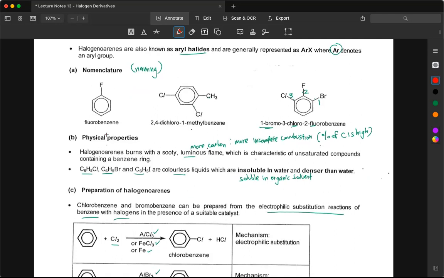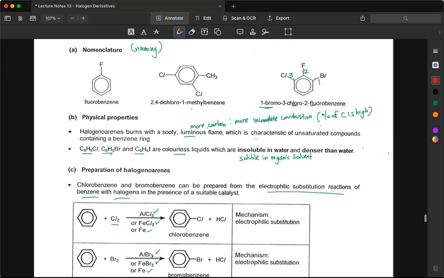As for physical properties, halogenoarenes burn with a sooty, luminous flame, which is characteristic of unsaturated compounds containing a benzene ring, because it has a higher percentage of carbon, leading to more incomplete combustion. And the halogenoarenes are colorless liquids, which are insoluble in water, but denser than water.